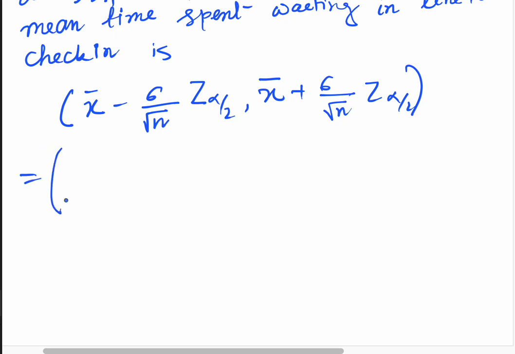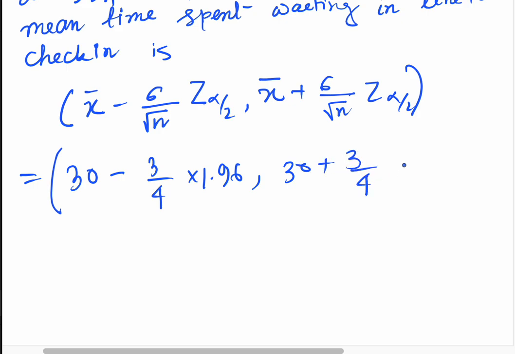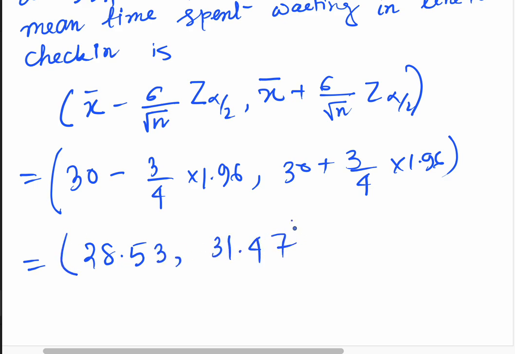If I put all together, 30 minus 3 by 4 into 1.96, comma, 30 plus 3 by 4 into 1.96. This is basically 28.53 to 31.47. So that's it.